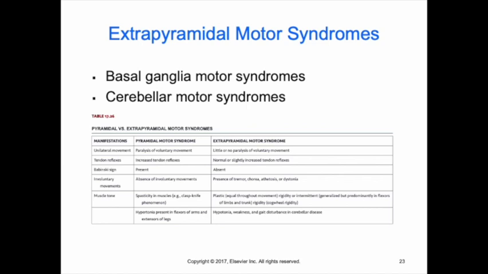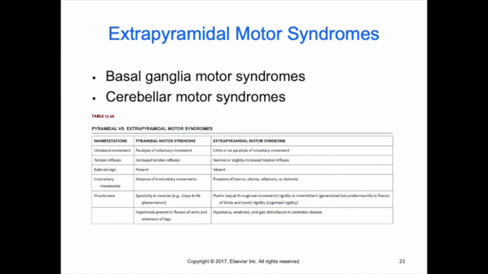With cerebellar motor syndromes, this is going to involve the cerebellum, and it can result in acute loss of muscle tone, difficulty with coordination of voluntary movements, or ataxia, and minor degrees of muscle weakness. Tendency for this is toward fatigue, and it can also be with the impairment of associated movements.